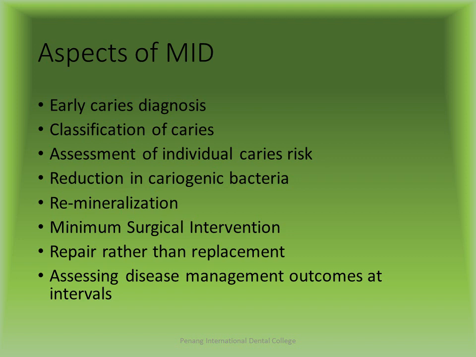So if we have a large restoration which is present, but of course it cannot be an amalgam restoration. If it is an amalgam restoration, we cannot repair it, we have to replace the entire thing. But if we have an existing composite restoration, and clinically and radiographically we see that the base of the restoration, that is the lower part, is sound, there is no secondary caries, and the restoration is only stained and fractured in the top part, then instead of replacing the entire restoration, we only focus on the repair.